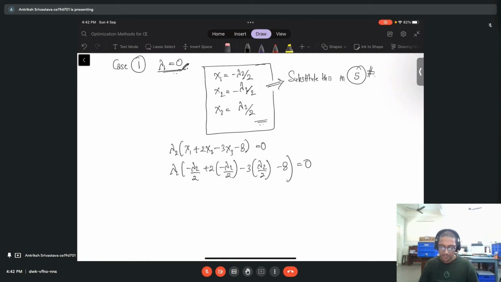Can anyone tell me what is the simplified form of this? I will also do it, and I hope you will tell me if I am doing something wrong.